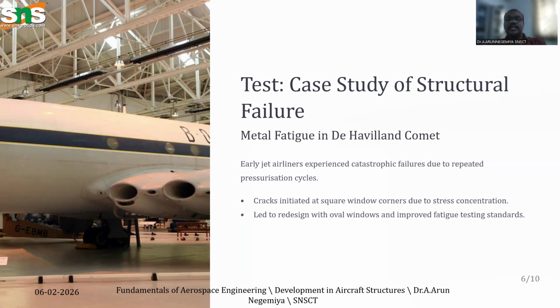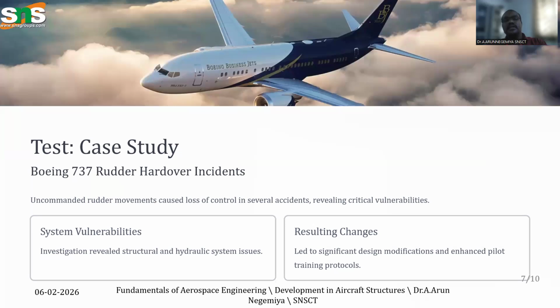To solve this issue, if a cyclic load happens on a particular area, we will rectify it and solve the load in these cases. Next one is a case study on the Boeing 737.